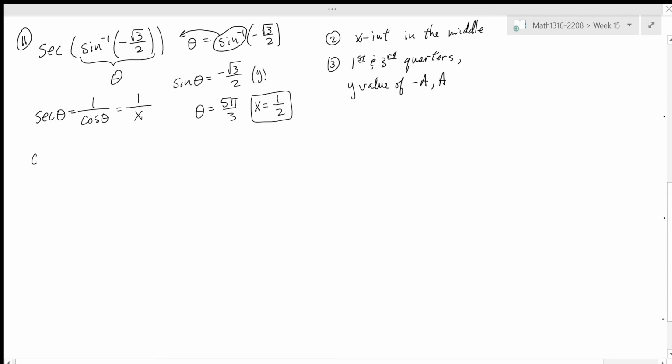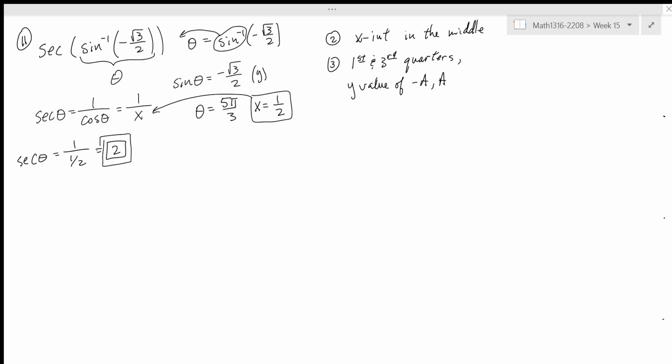So that means that my answer for secant theta is going to be 1 over a half, which is 2. So the final answer is 2. The actual answer is 2. And now you can use your calculator if you want to check your handwritten work.